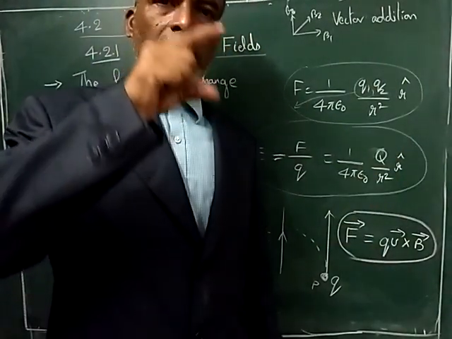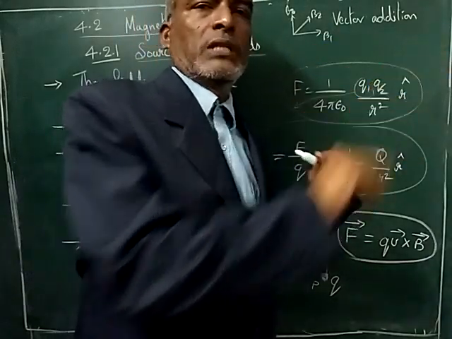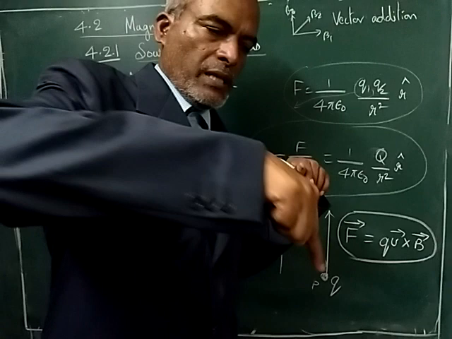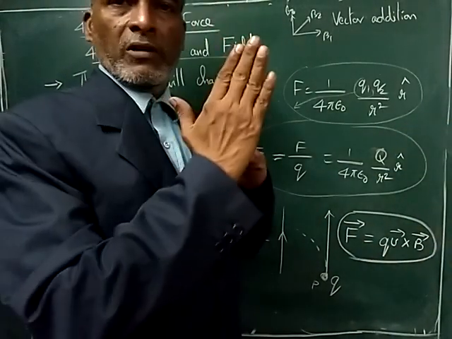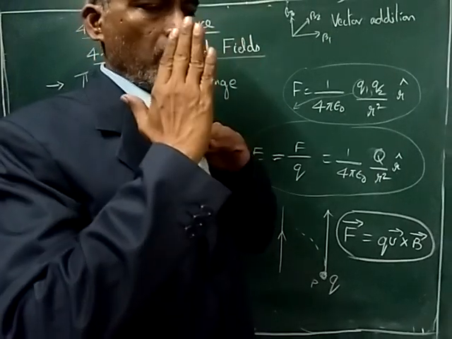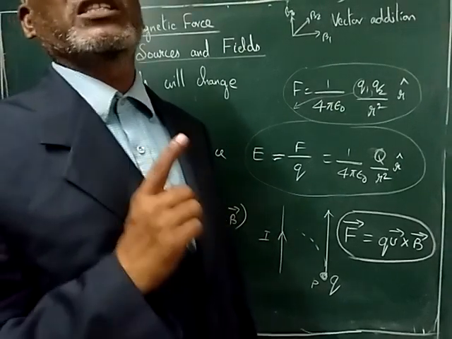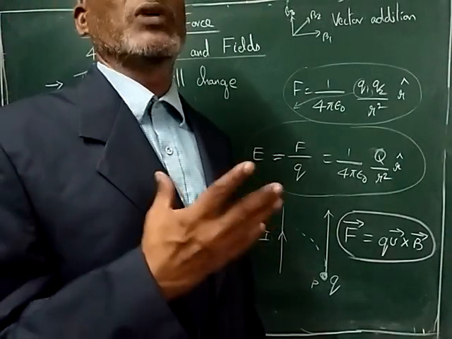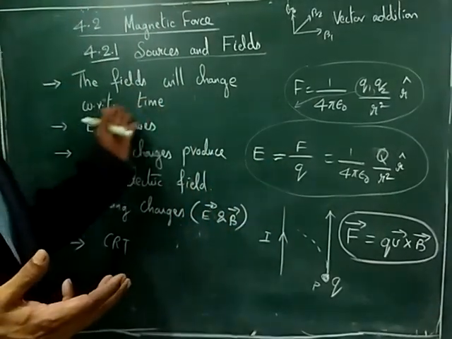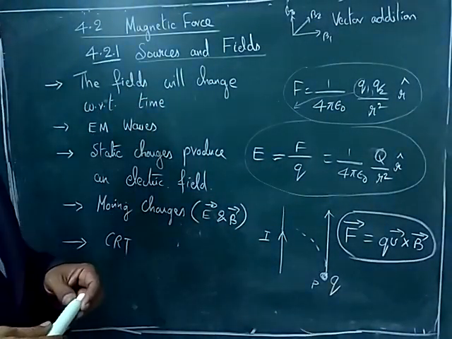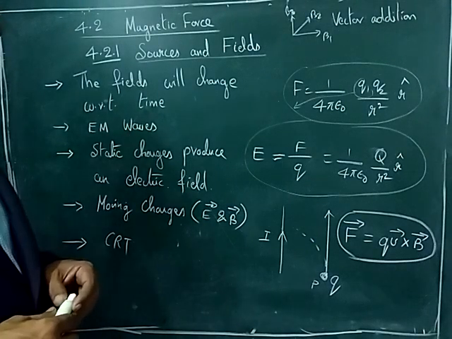Both electric and magnetic fields are perpendicular, and they move in this direction. That means the direction of propagation is perpendicular to both the electric and magnetic field. That's what we call electromagnetic waves, because the fields change with respect to time.